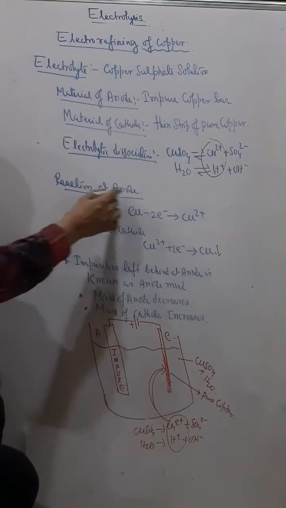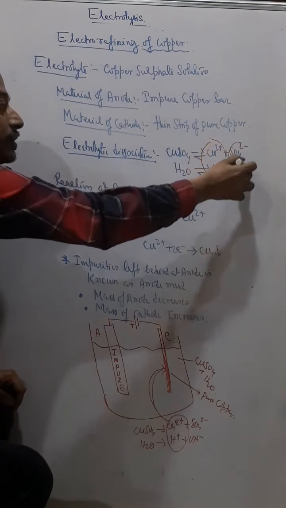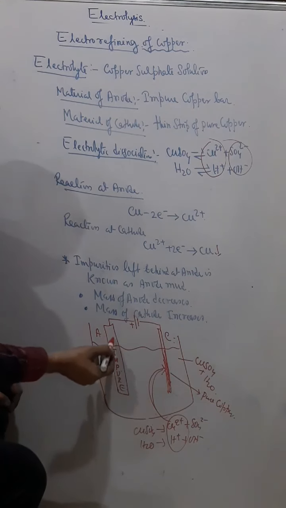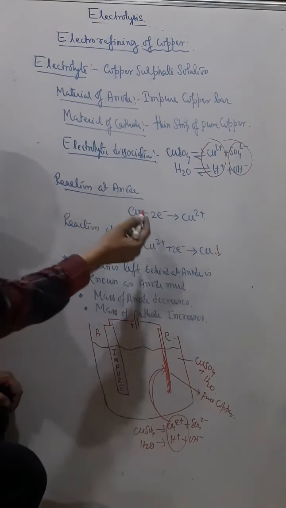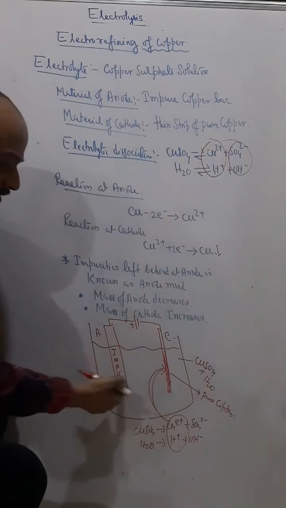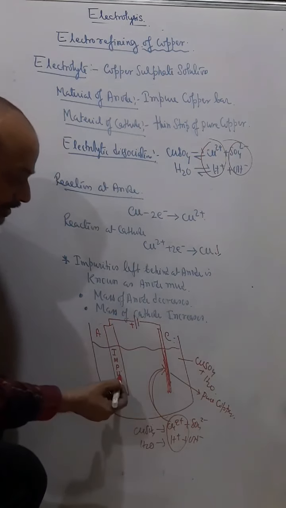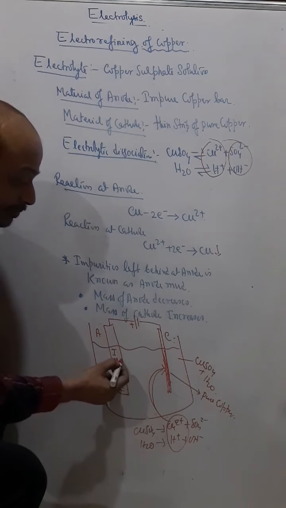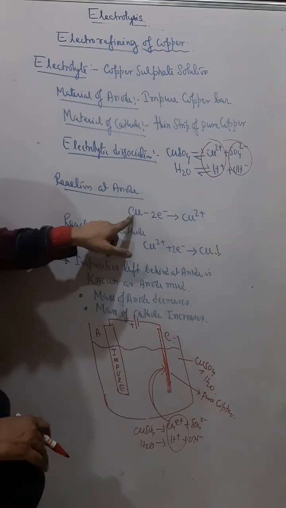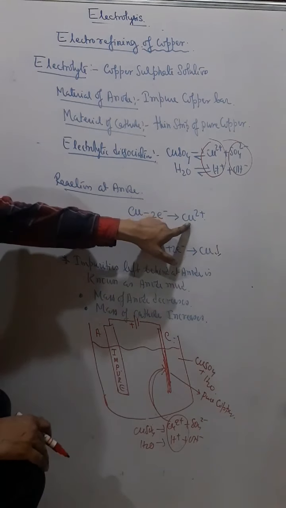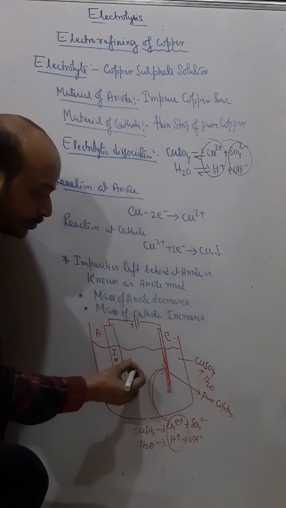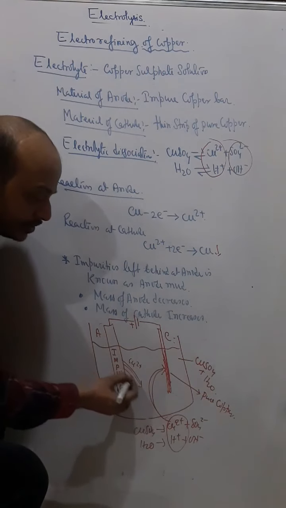And at anode what happens? Again anode, it's an impure copper, but it is copper, so the maximum part is copper, and that is an active electrode, so neither sulfate nor hydroxyl will be discharged. But what will happen? This impure copper will lose electrons and it will furnish Cu2 plus ions, so from this impure copper Cu2 plus ions will be released constantly.